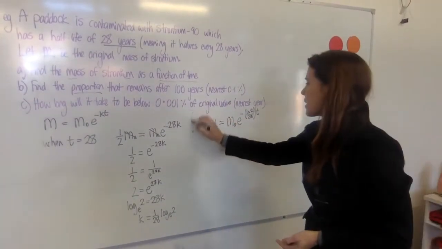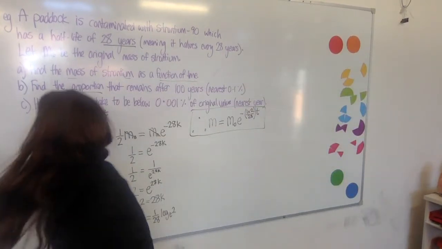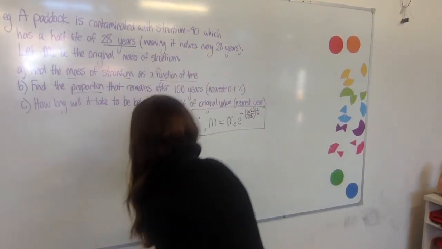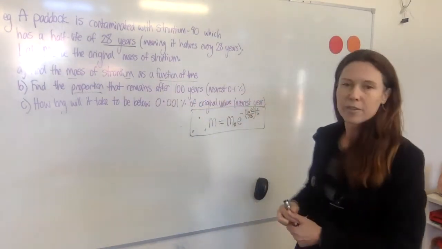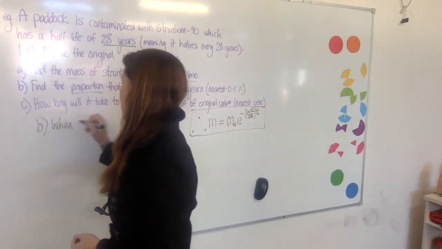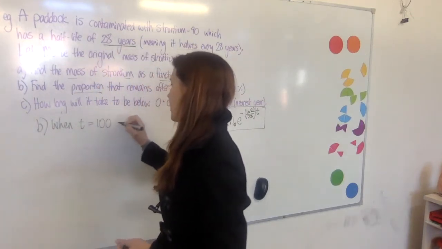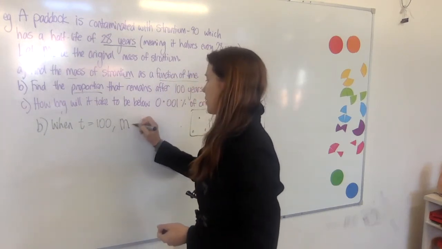So I'm going to leave this here, so it's up here for the rest of the time while I do B and C. Now moving along to B, I need to find the proportion that remains after 100 years. So, quite straightforward, when t equals 100, how much have I got? Sorry, it's not p, it's m, isn't it?